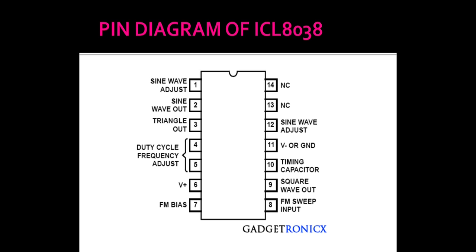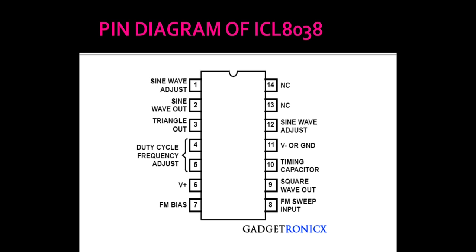And pin numbers 4 and 5 are called duty cycle or frequency adjust. So by connecting suitable resistors between these terminals 4 and 5, we can adjust the frequency of the output waveform.